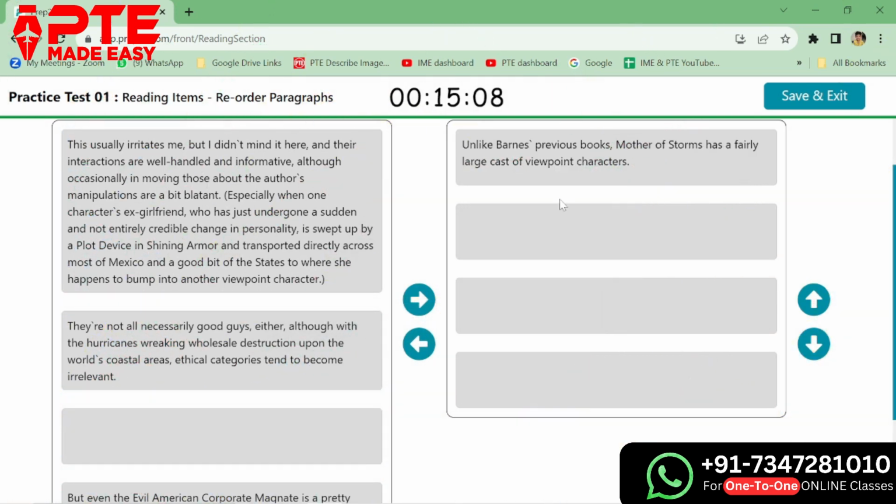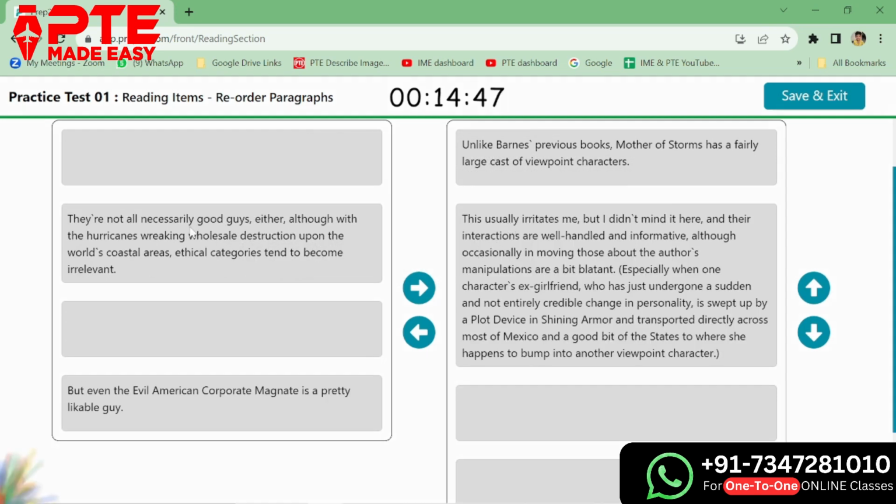Proceeding further, they are talking about a fairly large cast of viewpoint characters. Now what is going to come afterwards? This usually irritates me, but I didn't mind it here. Their interactions are well handled and informative, although occasionally moving. Now here we are going to add: they are not necessarily good guys.